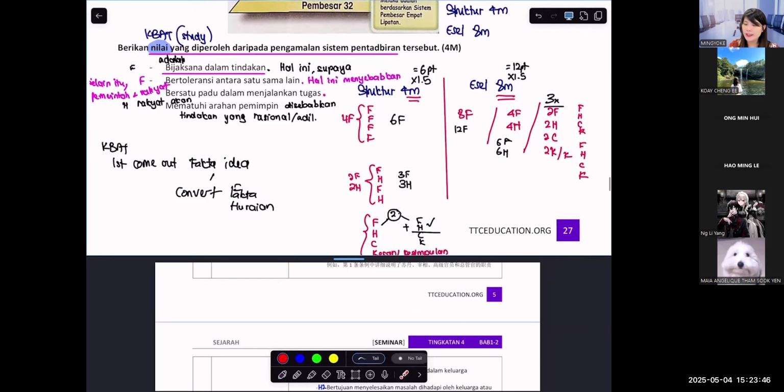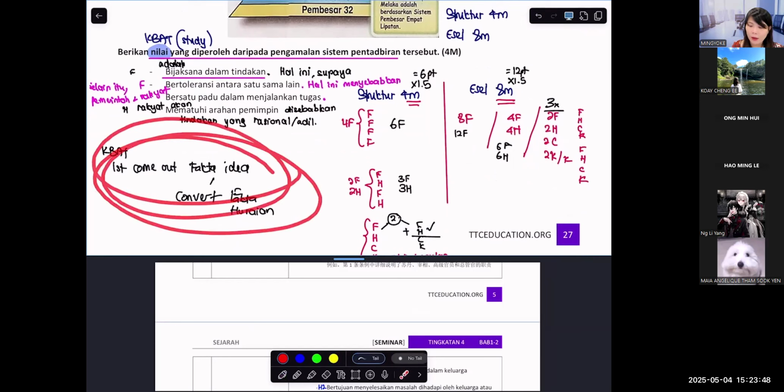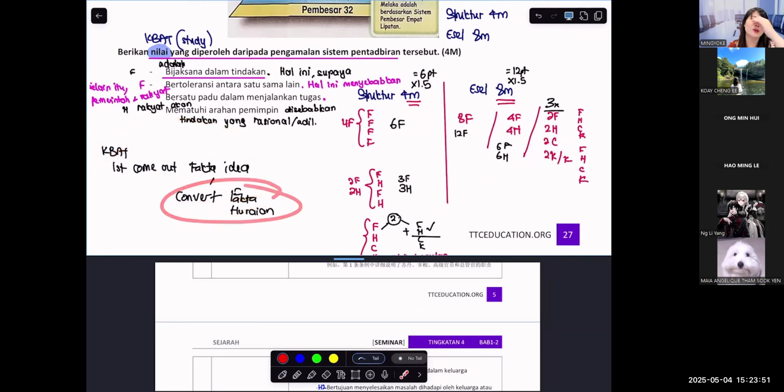The reason why I will ask you all to come out the fakta first, then convert into fakta huraian, is because a lot of times, I realize that students give fakta and huraian with a similar answer. For example, bijaksana dalam tindakan. Pemerintah mengambil tindakan yang bijaksana untuk melaksanakan tugasnya.